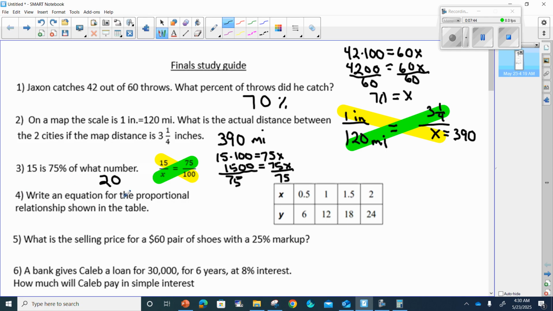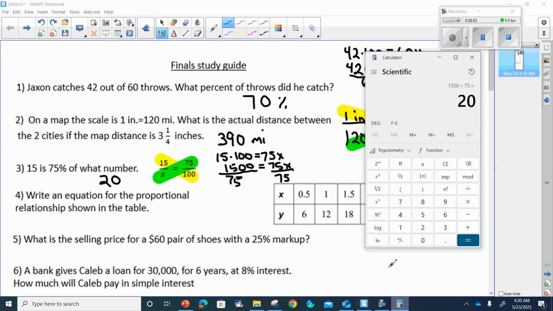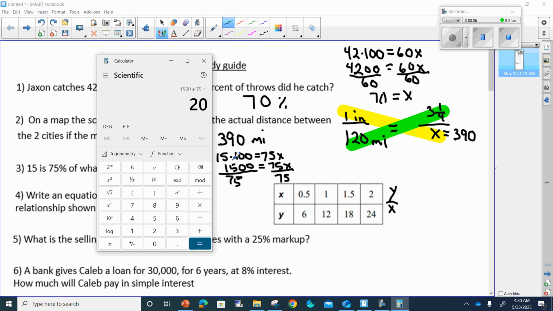Number 4 says write an equation for the proportional relationship shown on the table. For this one, all we have to do is make sure there's a proportional relationship. We take the bottom number, y, and divide it by the top number, x. Let's make sure we get the same answer every time. First, 6 divided by 0.5 equals 12.